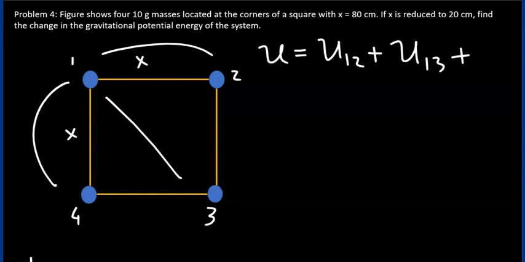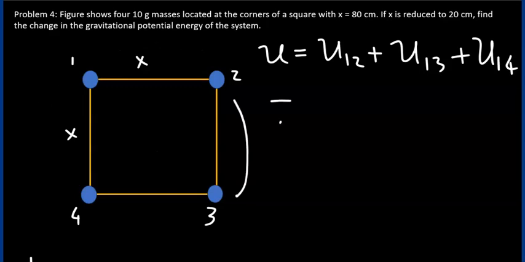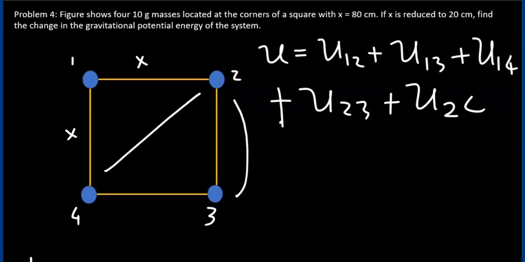The third 1 and 4, so U1,4. The fourth is 2, 3, so that is U2,3, and then 2, 4, so that is U2,4, and finally 3 and 4, so that's U3,4.